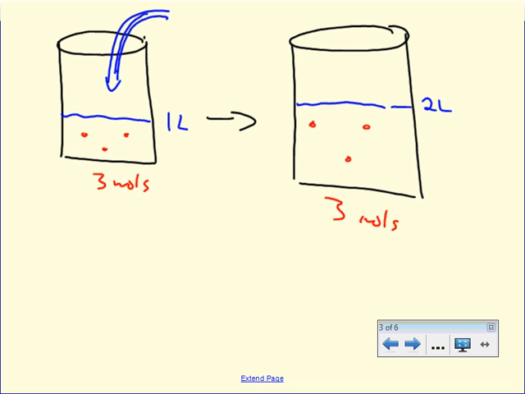So between the 2 cases, I have the same number of moles. The number of moles for beaker 1 is equal to the number of moles for beaker 2.